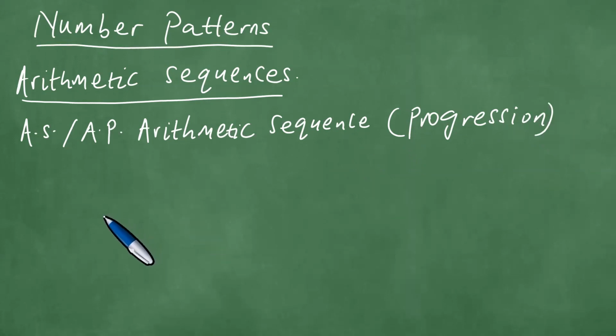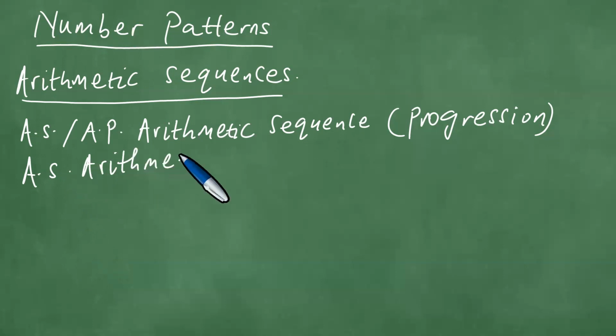Right. And so in dealing with these arithmetic sequences and series, we shall be looking at the series as well. So we can regard the AS as also referring to what we call the arithmetic series.